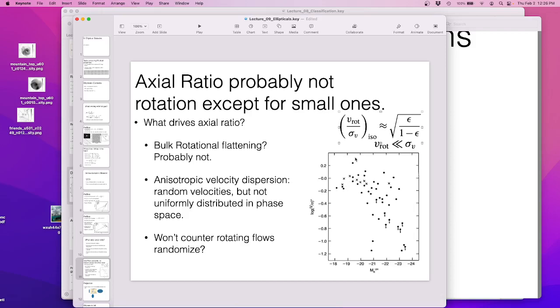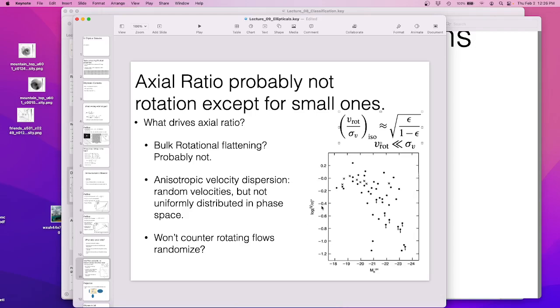So this says that the rotational velocity is roughly equal to the velocity dispersion. So that means that it's rotating about as much as it is randoming. But with higher, more brighter objects, the rotational velocity is really low.